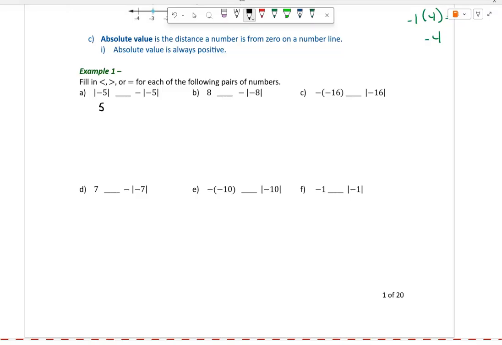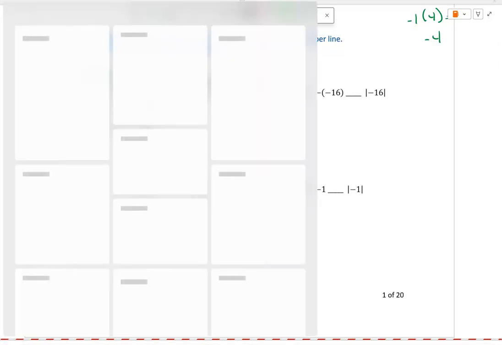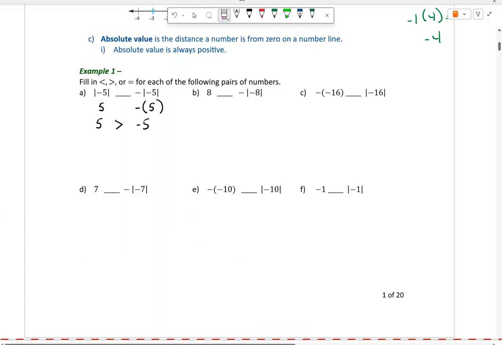What's the absolute value of negative 5? That is 5, but I have that negative outside of it. So I have 5 compared to negative 5. It's got to be bigger than. Alligator eats the big one, right? Did your teachers tell you that, or was that just back in the Stone Age? Okay, good. Yeah, a good way to remember.